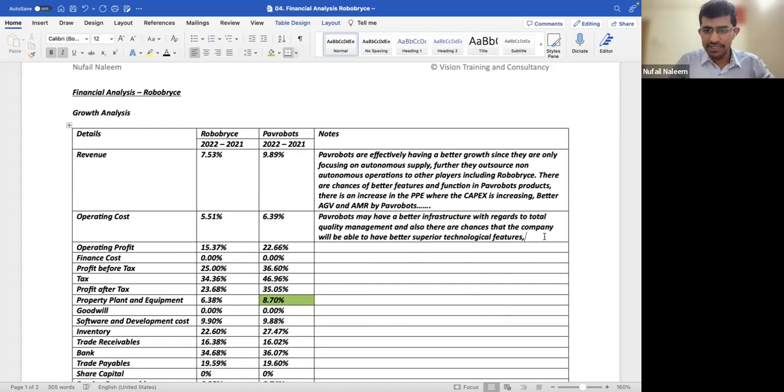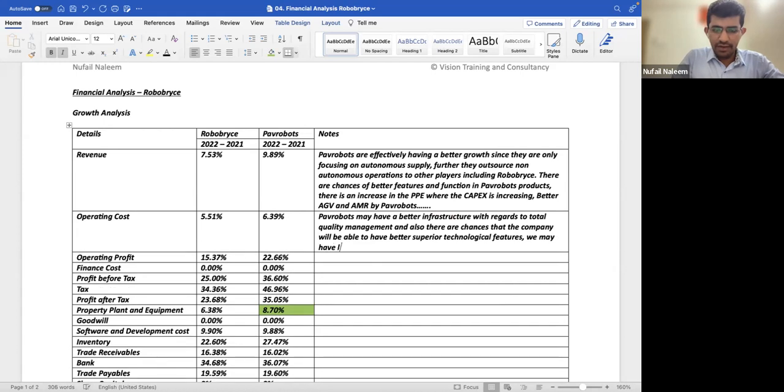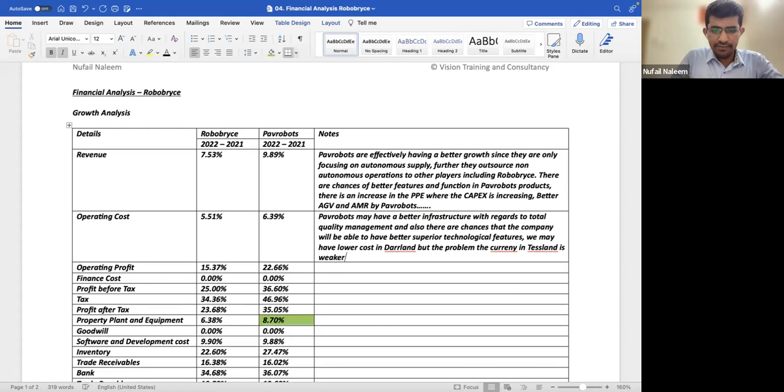And another thing, students, we may have a lower cost in Darlan, correct? But the problem is the currency in Teslan is weaker.